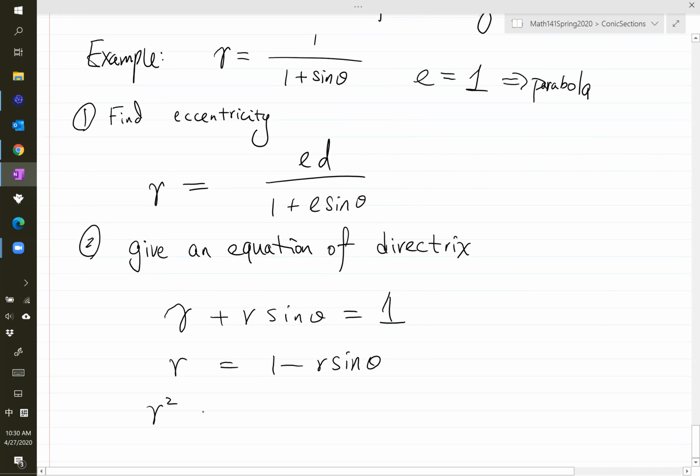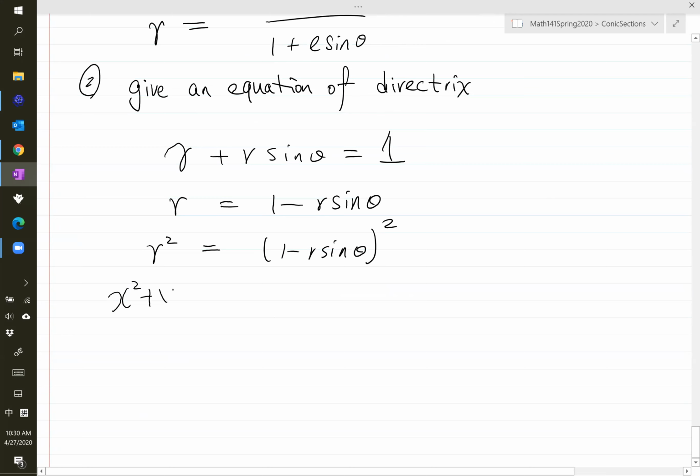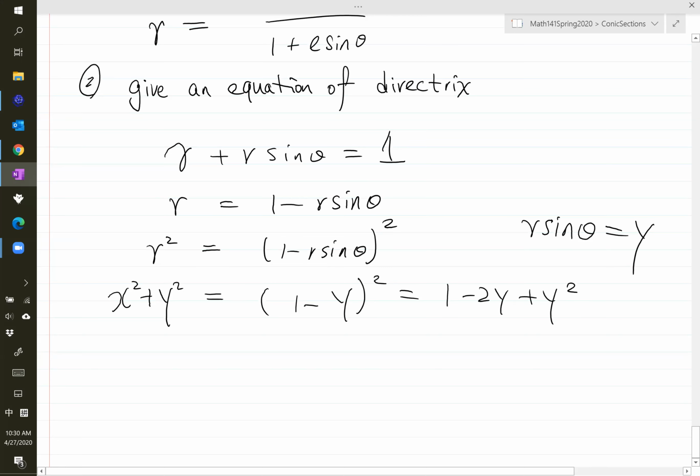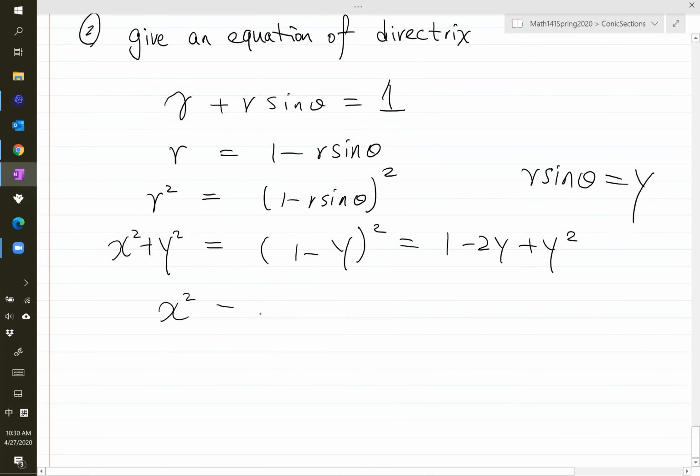So r squared will be 1 minus r sine theta, squared. Remember, r squared is x squared plus y squared, and r sine theta is y, so it's 1 minus y squared, which is 1 minus 2y plus y squared. The y squared cancels, so x squared is 1 minus 2y.